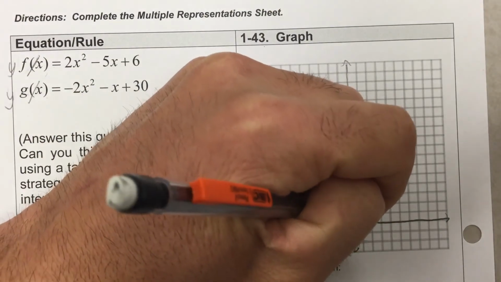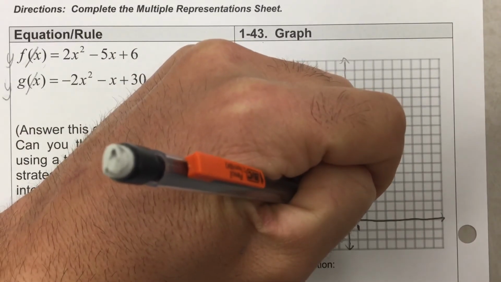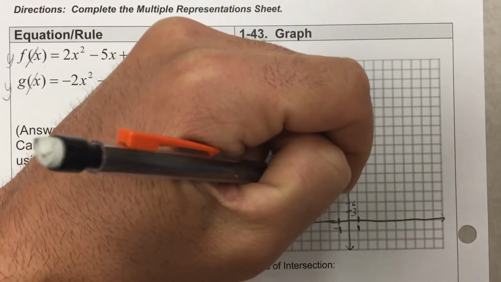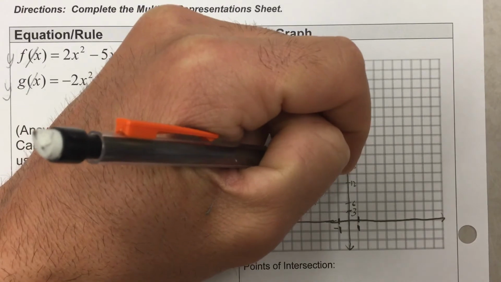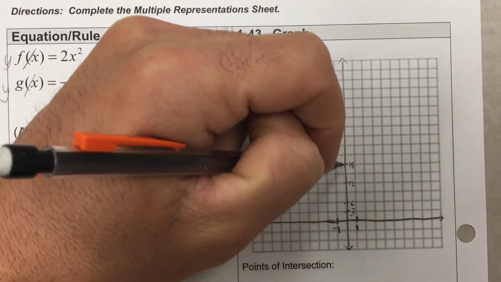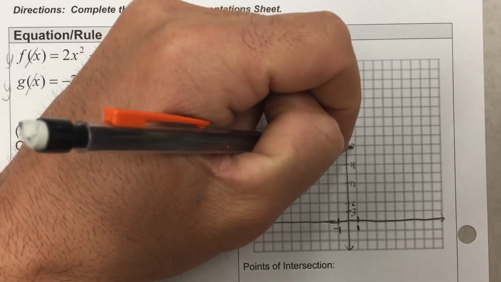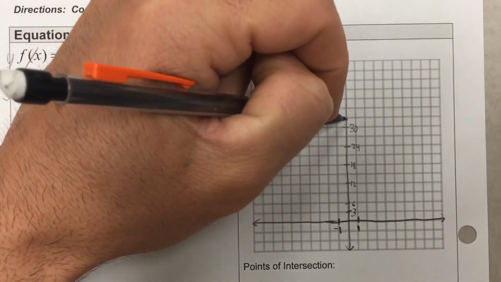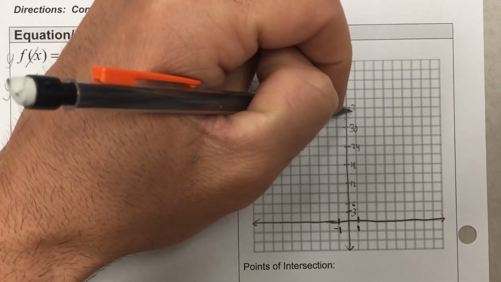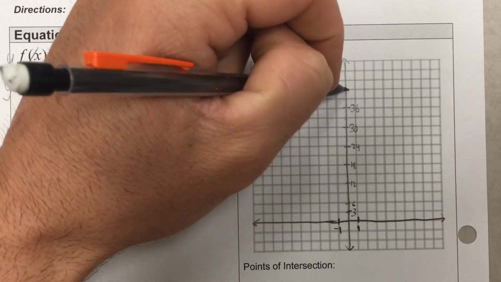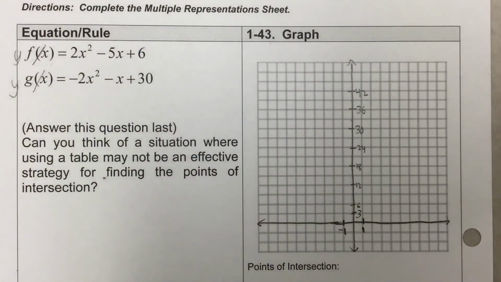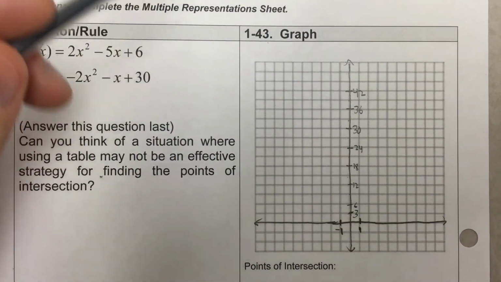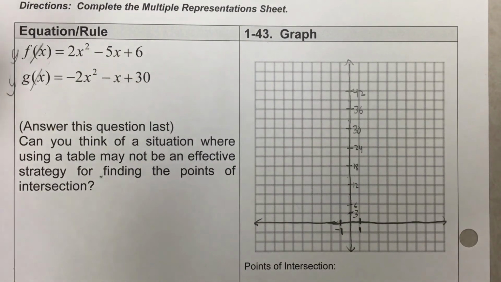So I'm going to do 3, 6, and I'm going to skip that. 9, 12, 15, 18, 21, 24, 27, 30, 33, 36, 39, 42. All right, so again, if you want to label everything, you can. I just labeled some of them to make my graph less crowded.